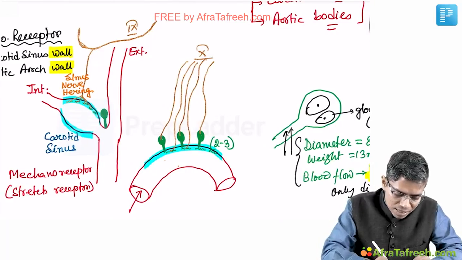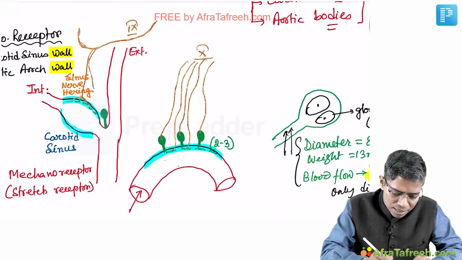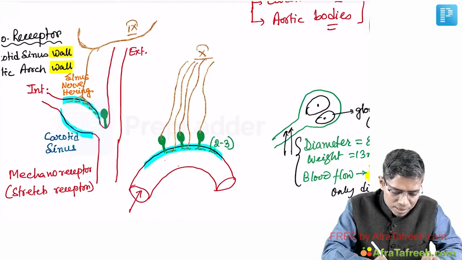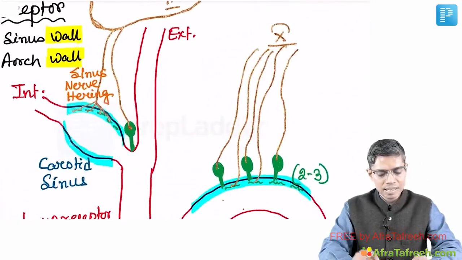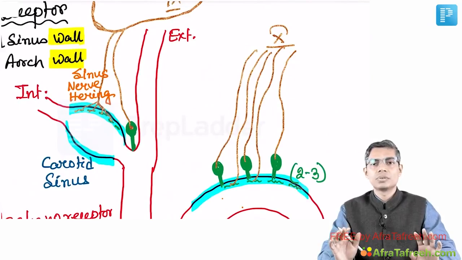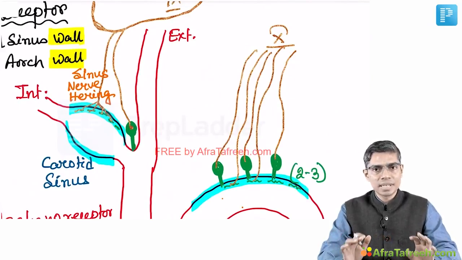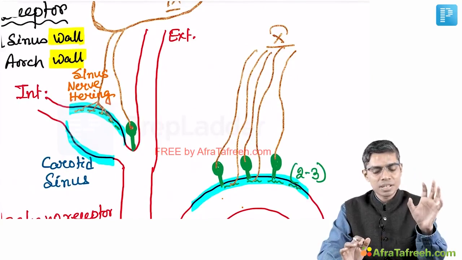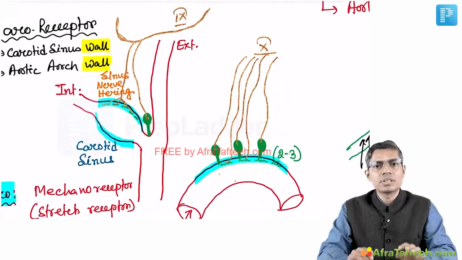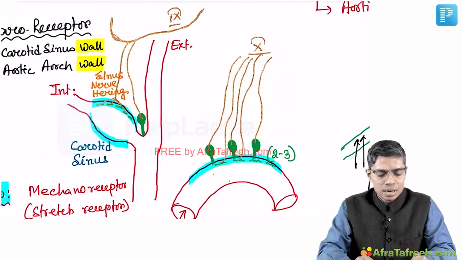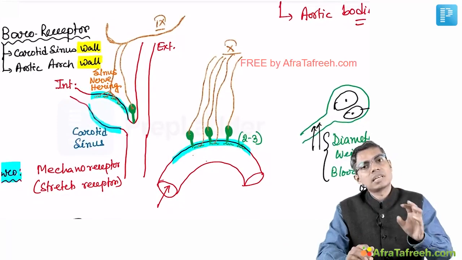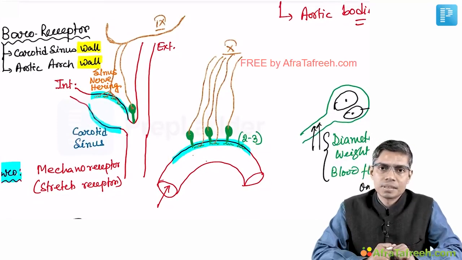The same sinus nerve of Hering, which is supplying this baroreceptor, is also going to supply the chemoreceptor. So the sinus nerve of Hering at the level of the carotid region and the vagus nerve at the level of the aortic region are the afferents for this chemoreceptor also.